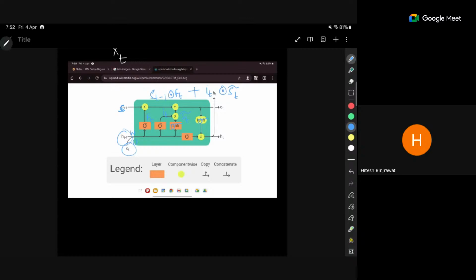Then this summation goes to another tanh or sigmoid layer here, and you will get some output again.